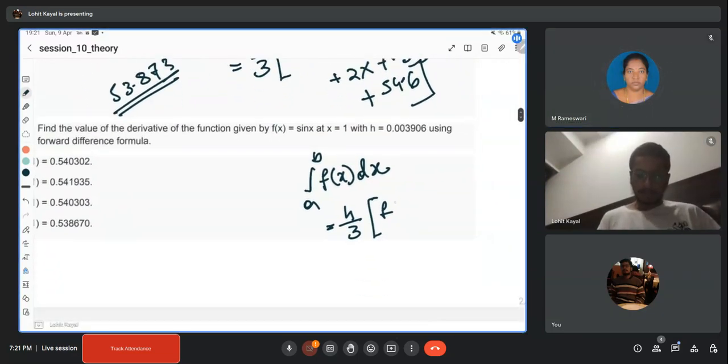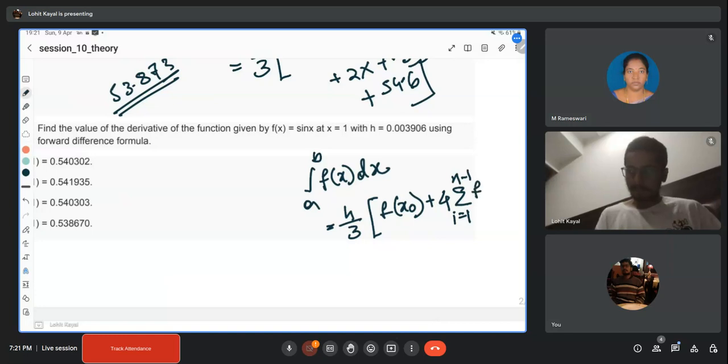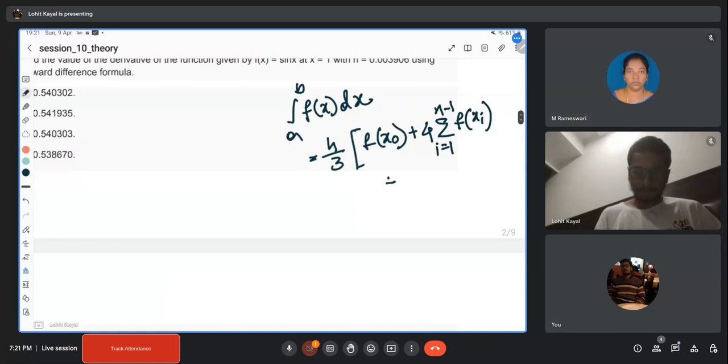So here, what is the formula? The formula will be f of x naught plus 4, and here it will jump from 1 to 3 to 5 in this way, for i odd, from 1 to n minus 2.